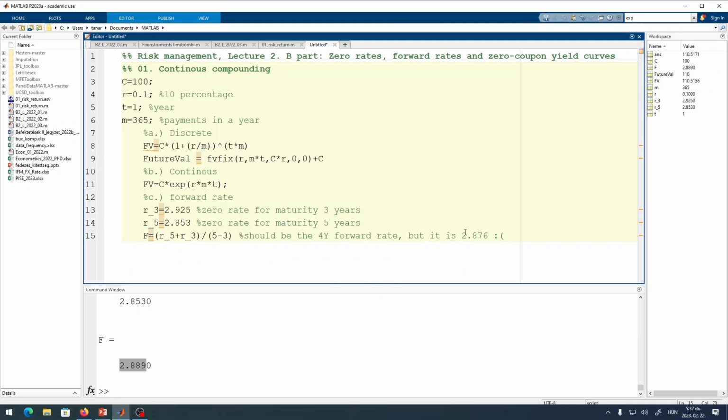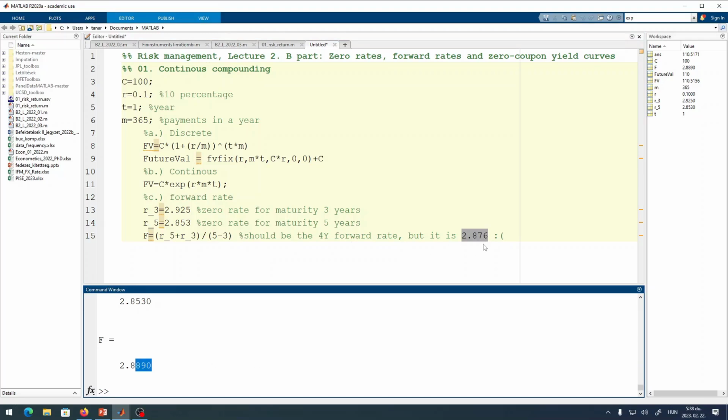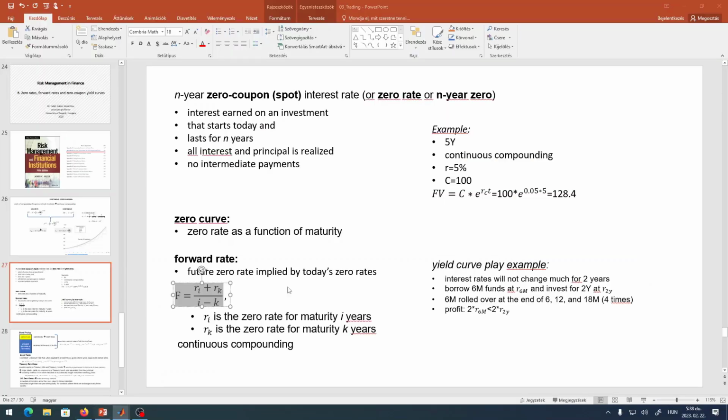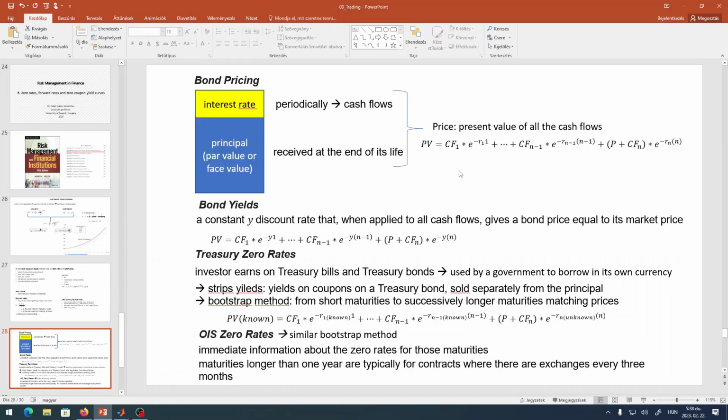So we could see that we can find the mispricing on the market right now, because this thing is different from this thing. So the last 2 digits are not perfect. Okay, lessons learned.